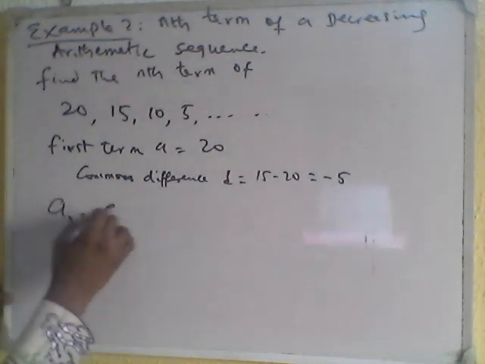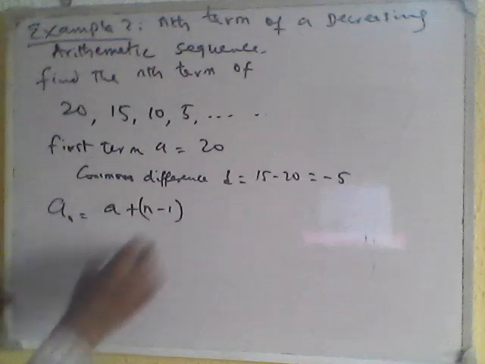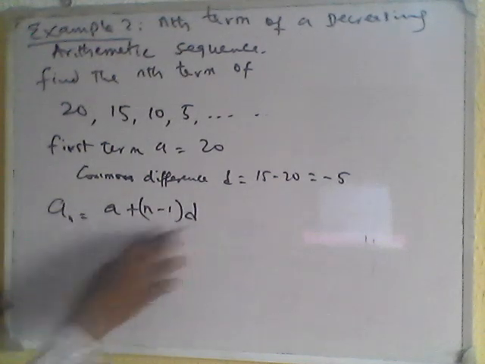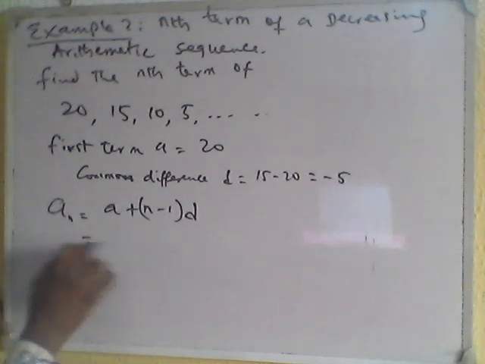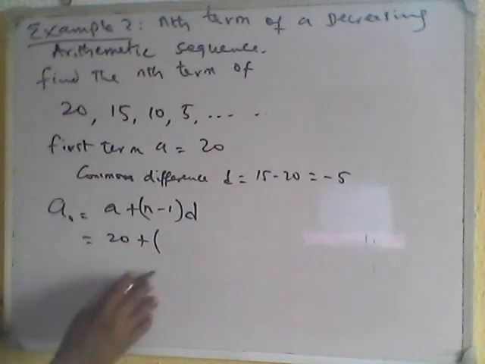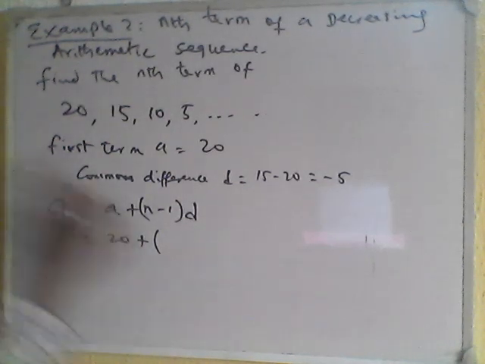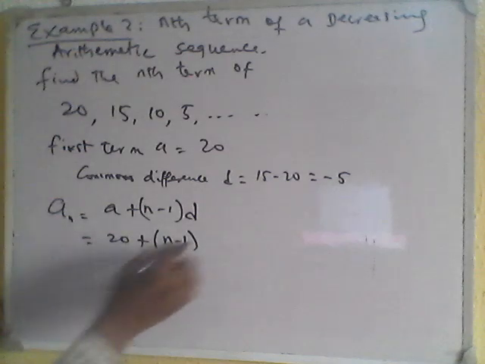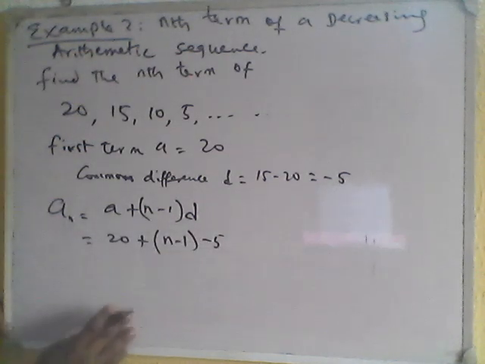All right? So to get the nth term formula for this, it is a plus n minus 1, then d. That is open bracket and close bracket. So the first term in this particular case is 20, plus the number of terms is unknown, then the common difference is minus 5 outside, all right?